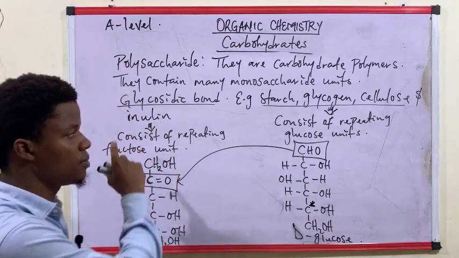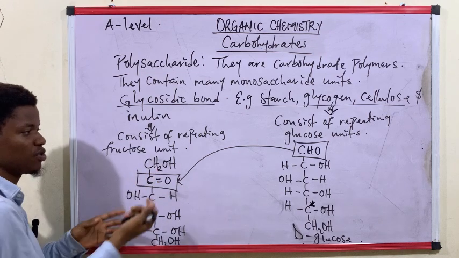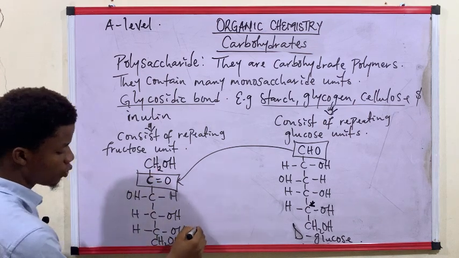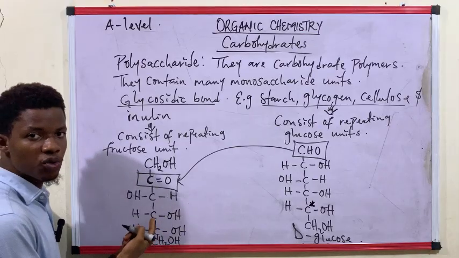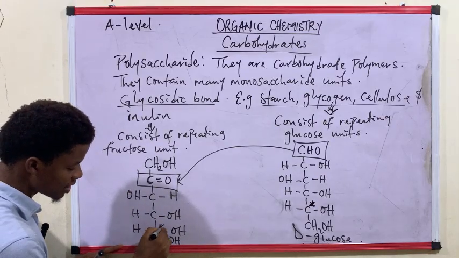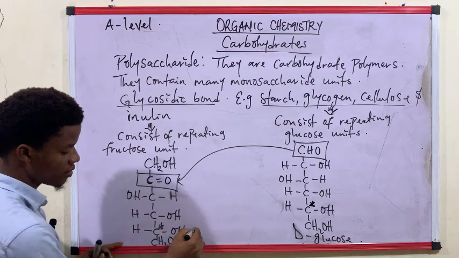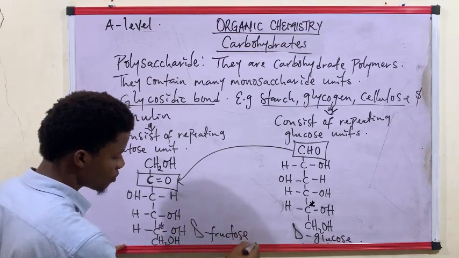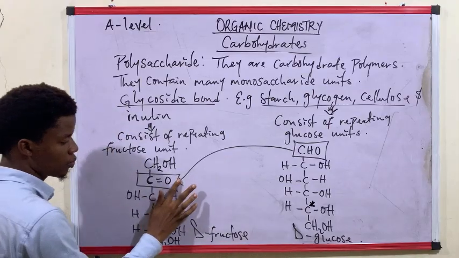Remember, I stated it before. That's the reason why. Now, is this an L-fructose or a D-fructose? It's a D-fructose because on the second to the last carbon, the OH is facing the right. So it is D-fructose.